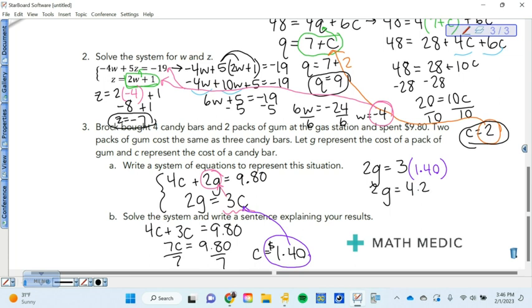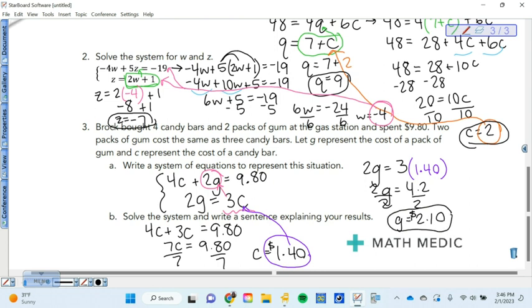So 2G equals 4.2. How do I solve for G? Divide by 2. So G equals, there you go. What does that mean in terms of money? $2. $2.01? $2.10. Good. Okay.